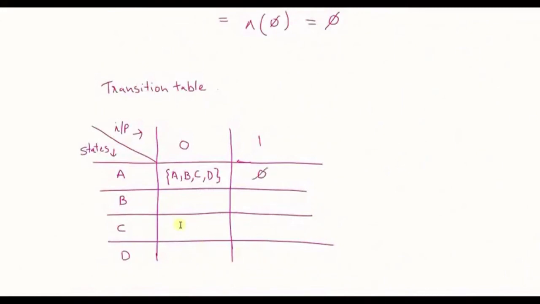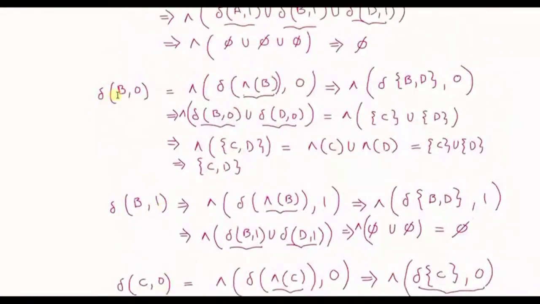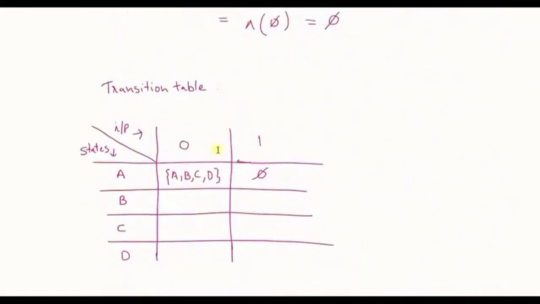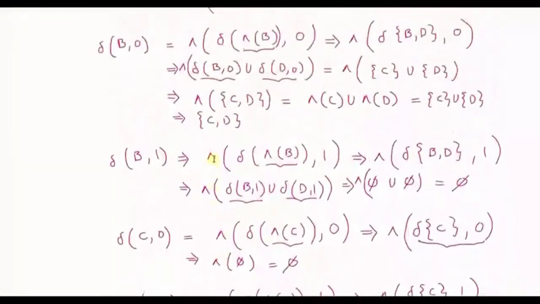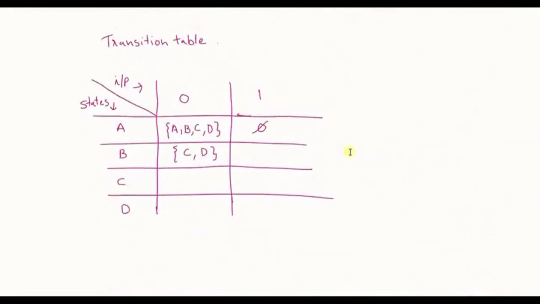What is the transition of state B on reading 0? So from state B on reading 0, we have found out what we get is CD. So I am going to write here C comma D. Transition of state B on 1. State B on 1 gives you null. So I am going to write null here.